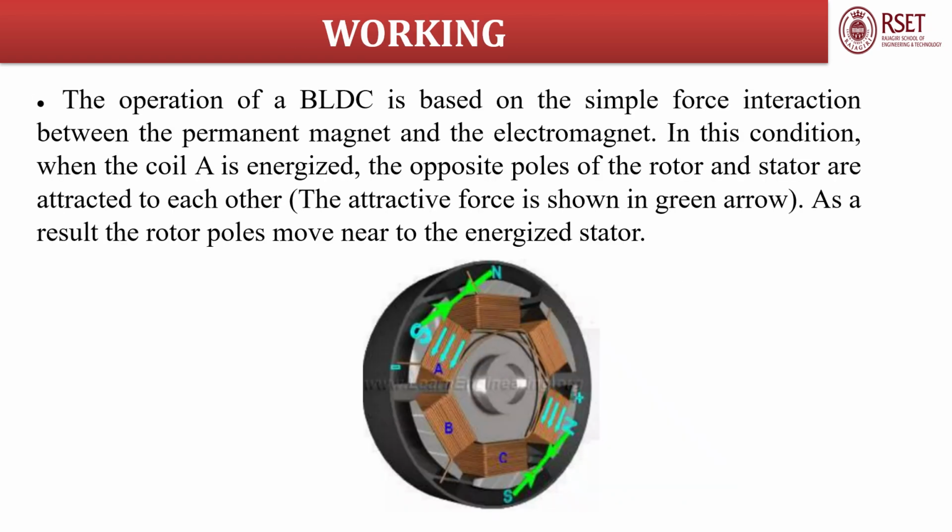Now we will see the working of a BLDC motor. The BLDC motor works based on the interaction between the permanent magnet of the rotor and the electromagnets of the stator. When coil A is energized, the opposite poles of the rotor and stator attract each other, causing the rotor to move towards the energized coil.